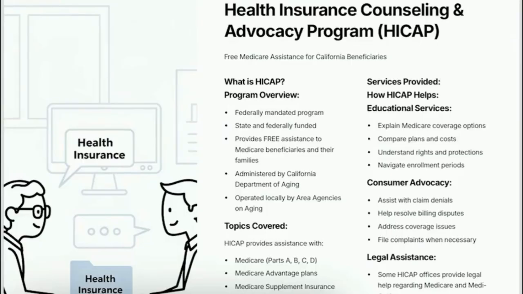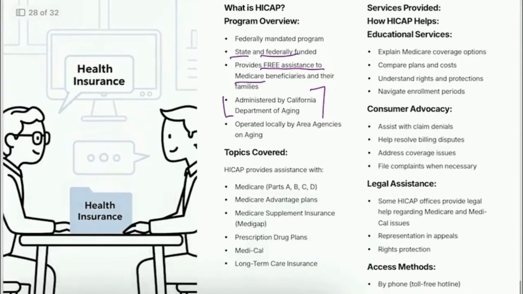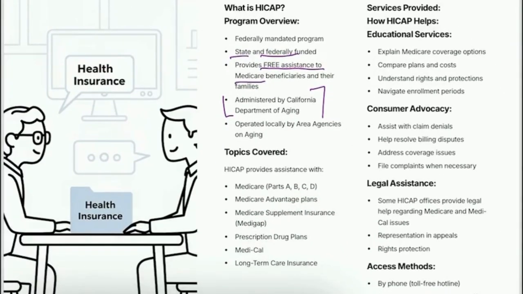It is administered by the California Department of Aging, and it is operated locally by area agencies on aging. Topics covered: HICAP provides assistance with Medicare Parts A, B, C, and D, Medicare Advantage plans, Medicare Supplement Insurance, also known as Medigap, prescription drug plans, Medi-Cal, and long-term care insurance.